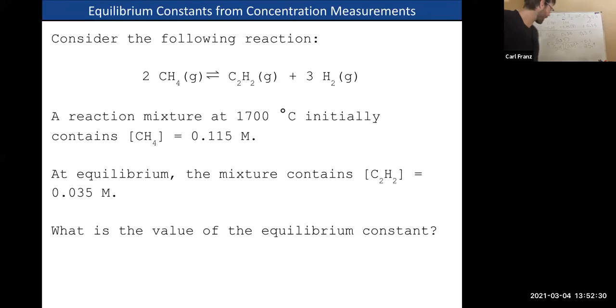I want you guys to set this one up. Write out the reaction. Write ICE down the side, and then fill in what you have, and then what you don't have, we'll figure out what to put in the place, right?